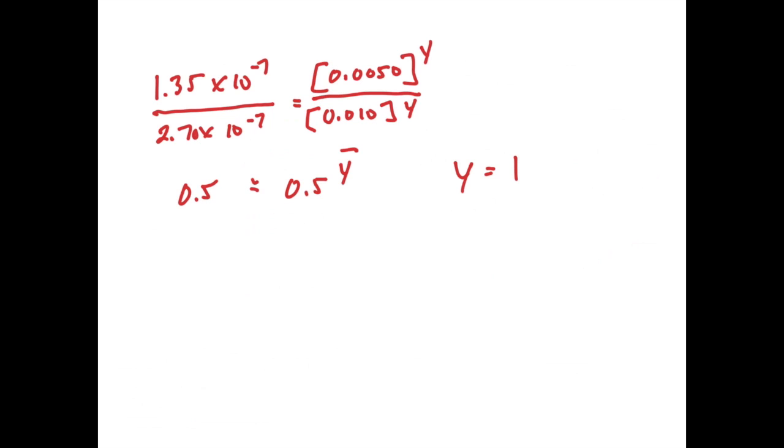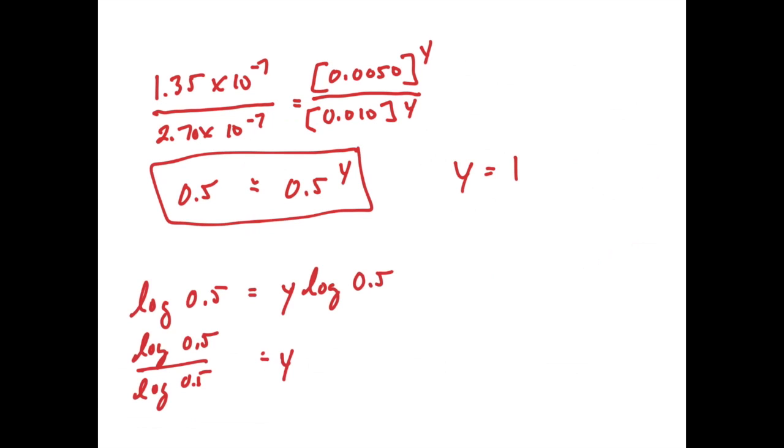And now I can algebraically solve for this. Y is equal to log of 0.5 divided by the log of 0.5. And that also gives us y is equal to 1. Okay, so there is our first exponent we solved for, y.